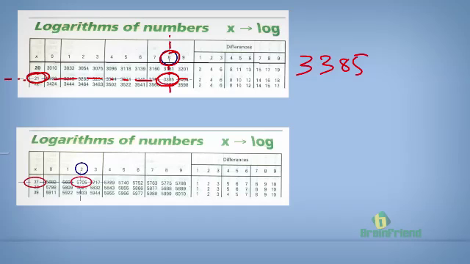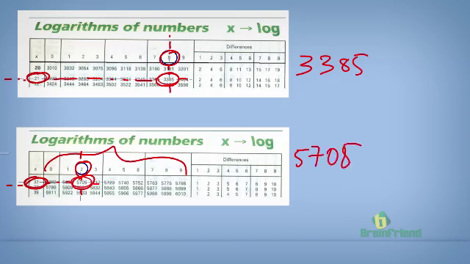So we have our logarithm table. The first 2 digits of our number is 37. So we find the row 37 and trace down that row. The next digit on our number string is 2, which we find under our regular column. If we trace 2 down to meet our row, we have our intercept of row and column, where we have the value 5705.